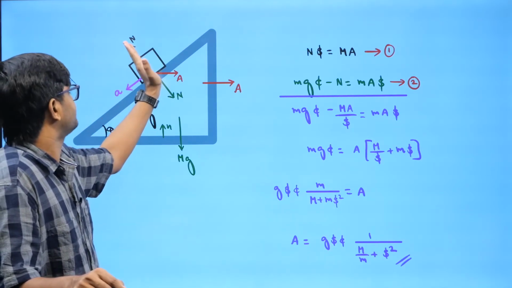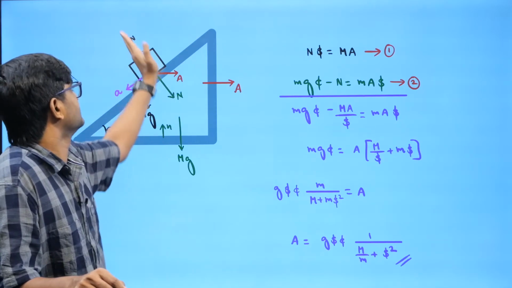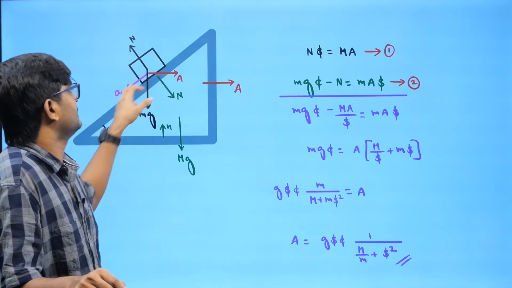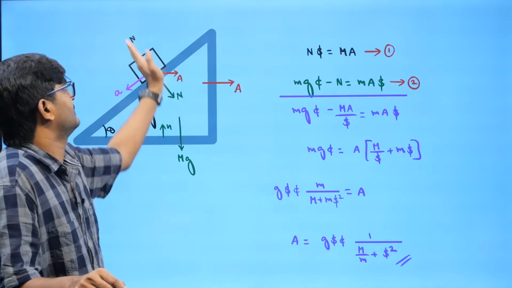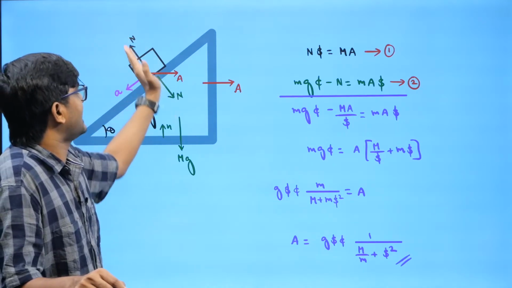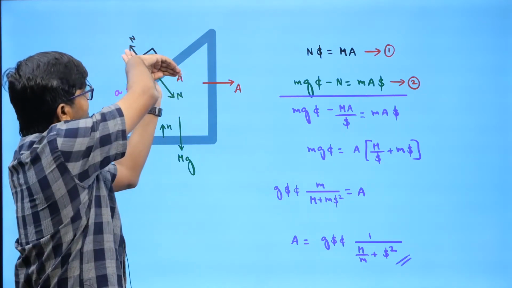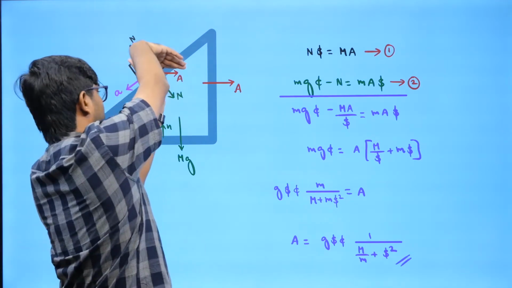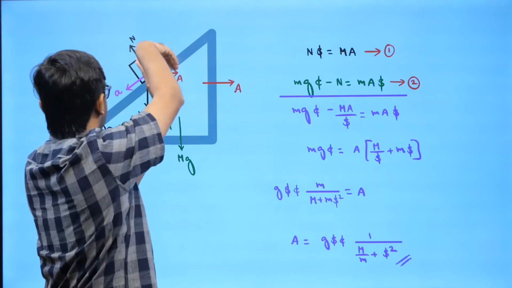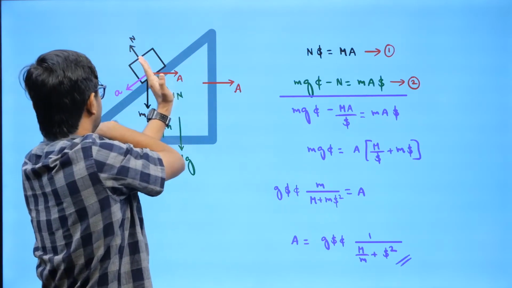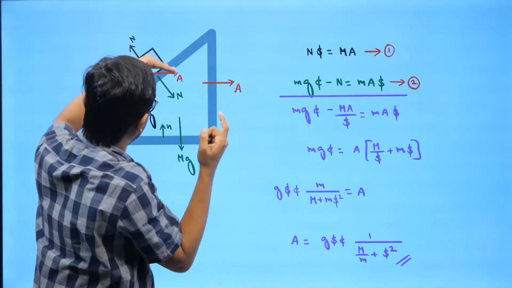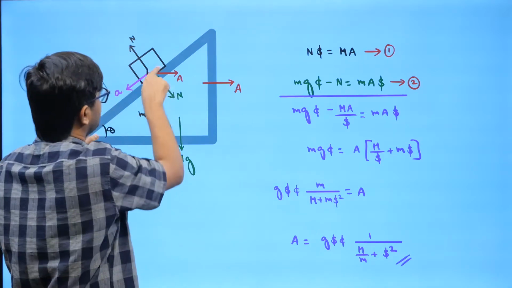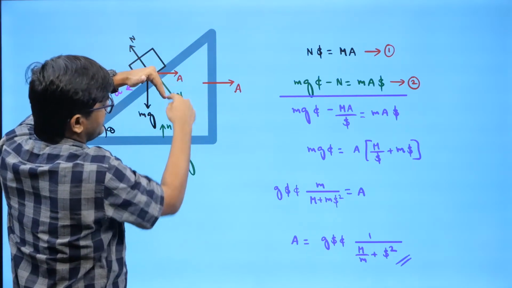By writing F equals ma along this direction, because small a is going to be perpendicular to it. What is the acceleration along this direction? That is capital A. How much of capital A? A sin theta. If this is theta, then this is going to be theta, and this is going to be 90 minus theta.